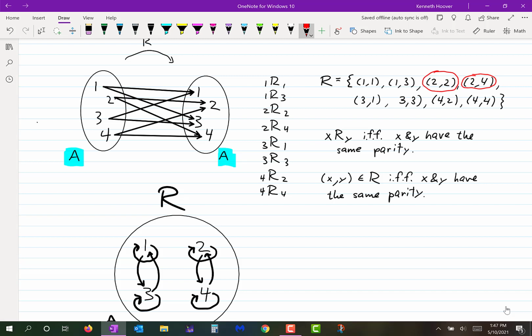Is 2 related to 4? The answer is yes, because that's right here. You see how that works?